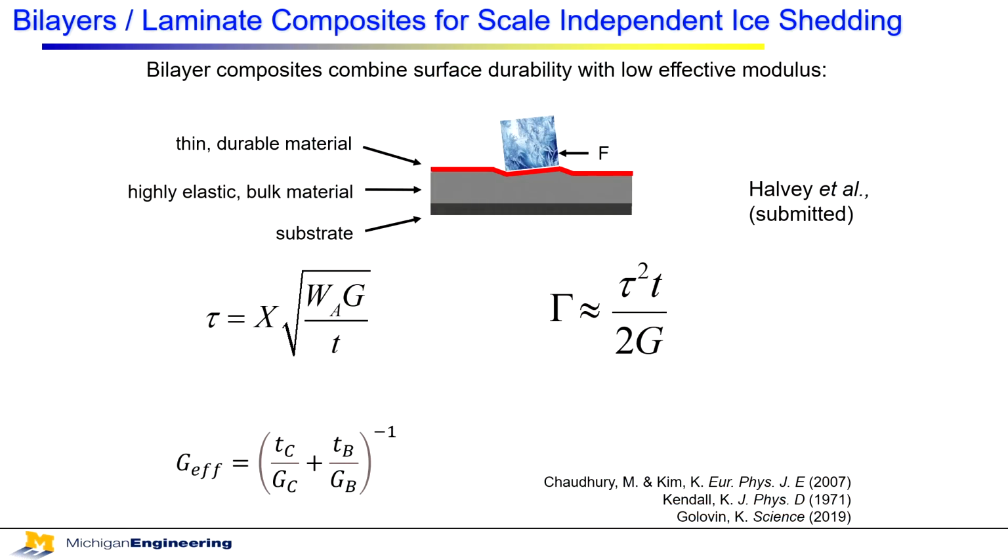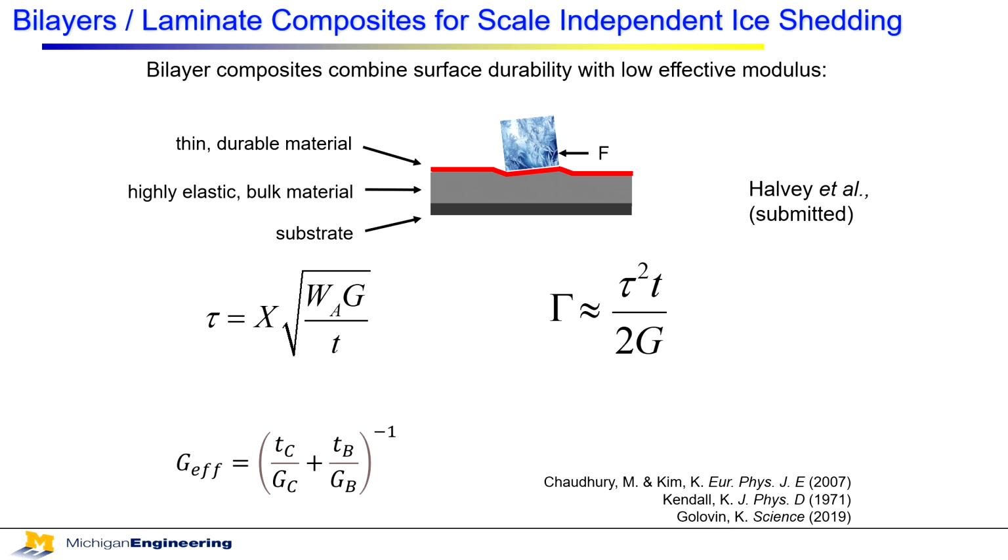And so more recently, we've come up with an alternate design that works while maintaining the durability, has both low ice adhesion strength and low interfacial toughness. It turns out very much related to many of the laminate structures that we see in nature. We started working with laminate composites.